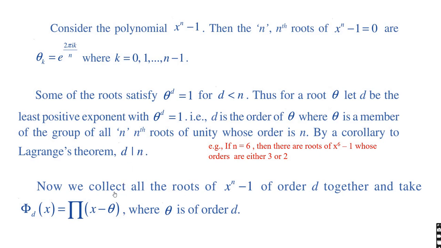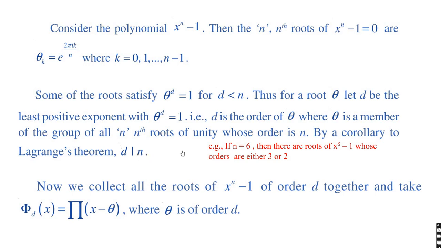So, we collect all the roots. When we consider this, it will divide 6. That is one thing. And we will also have such numbers. So, the relation between those numbers and n is naturally they should be divisors of n.